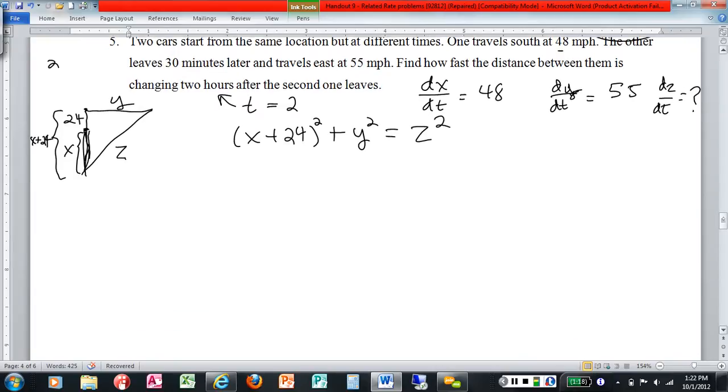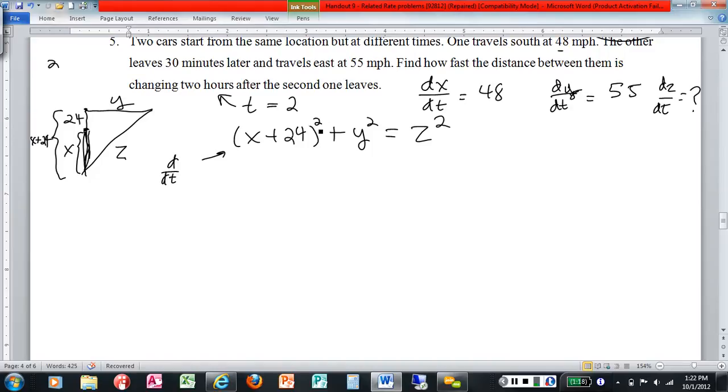All right. What's next? Well, I'm looking for dz/dt, so I better d/dt both sides, okay? So the derivative with respect to t. Well, we start off with an interesting one here. How am I going to d/dt that? Well, there's a couple options, but the best option would be the chain rule. What would I get if I used the chain rule? Well, bring down the power.